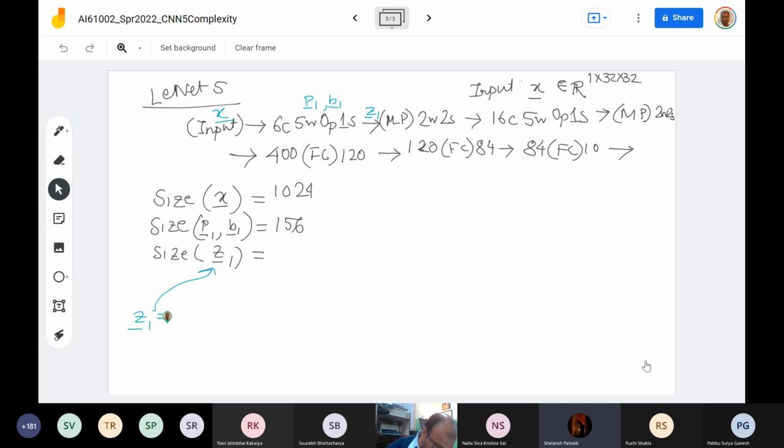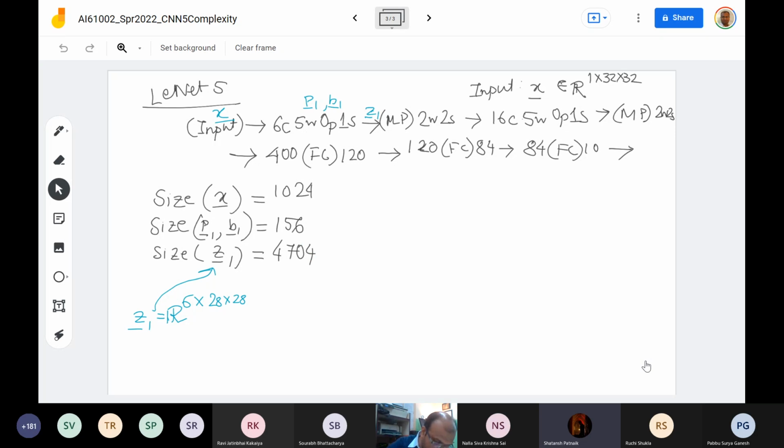Z1 is of the size of what? You will have 6 channels, and this was 28 cross 28. So that is going to be 6 into 28 into 28. What is the size? 4704. Okay, good.